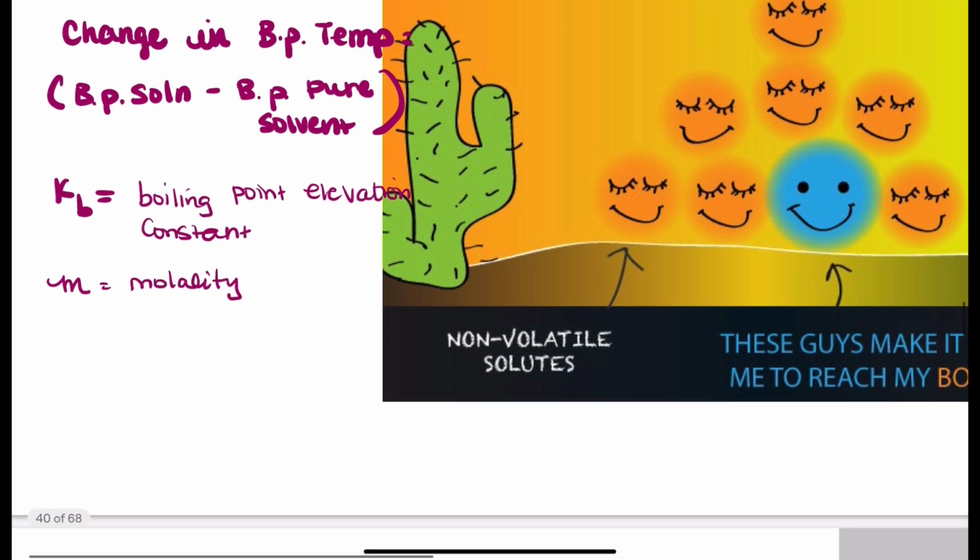Remember, molality is moles of solute over kilograms of solvent, and i is your van't Hoff factor, which we haven't talked about yet, but we will soon.